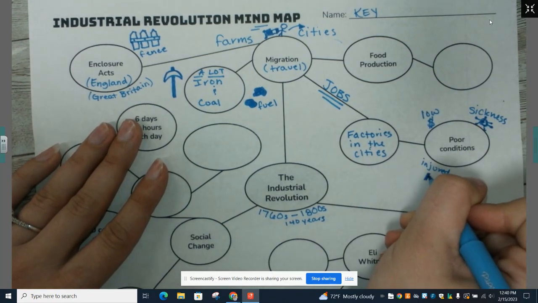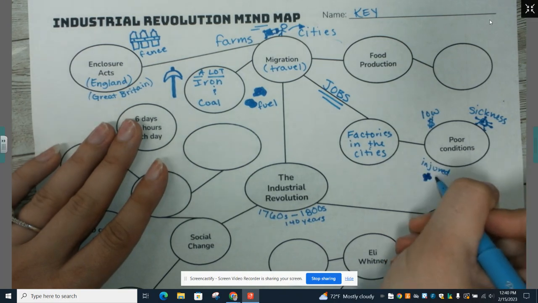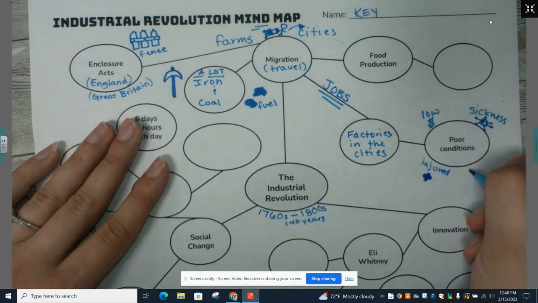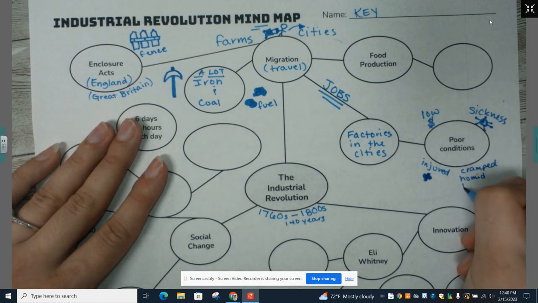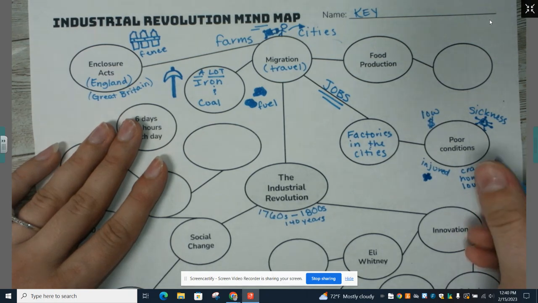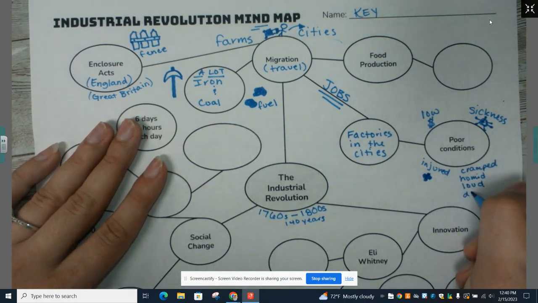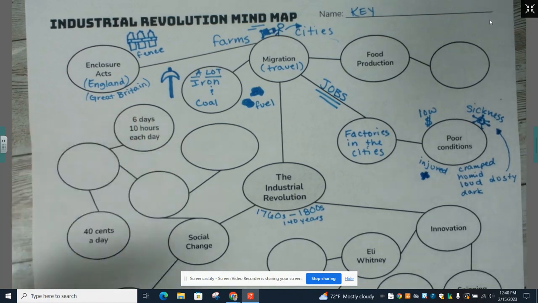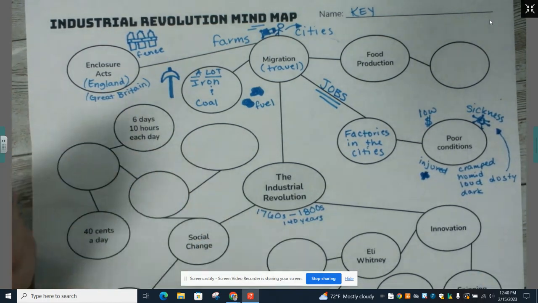So you got the little medical cross here. And then the conditions themselves, everyone was very cramped. It was very humid. It was very loud. It was dark. It was very dusty as well, which kind of also led to some of the sickness going on. Okay?